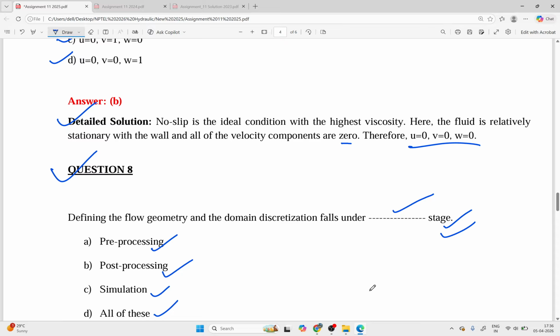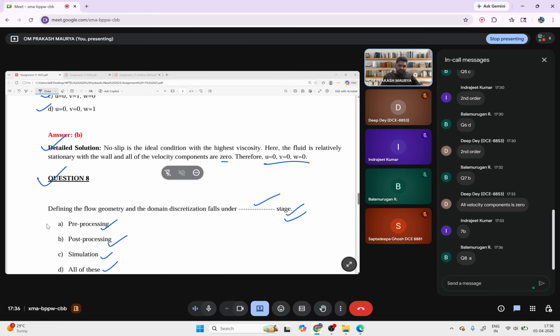This question is about how you will utilize your CFD. So just think and try to write your answer in the chat box. Okay, Bala is telling A, pre-processing. Nice. Other students, please also try to write your answer.